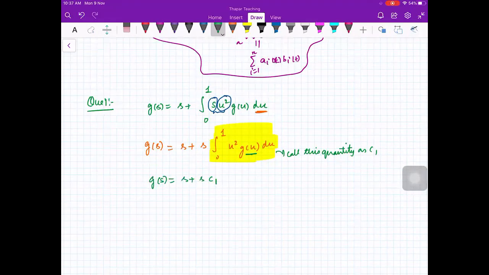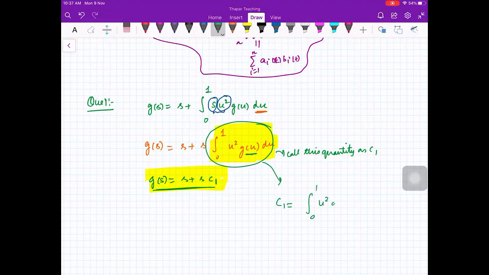Yes. Now what you can do is put that value of g of s again in the expression for c1. If you know c1, you will get your solution, right? So you have c1 is equal to integral 0 to 1 u square g(u) du, and from here g of s is equal to s plus s c1.